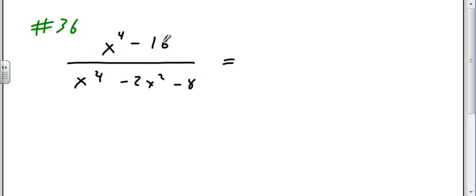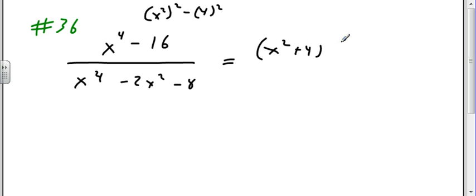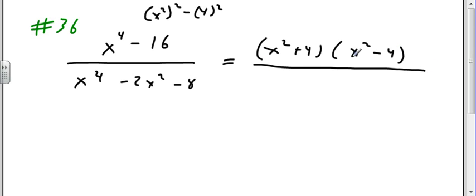Okay, well the top, I recognize as x squared minus 4 squared. So I can factor it x squared plus 4 times x squared minus 4. And then I could factor this one down further, but it doesn't look like it would do me much good, so I'm not going to bother.